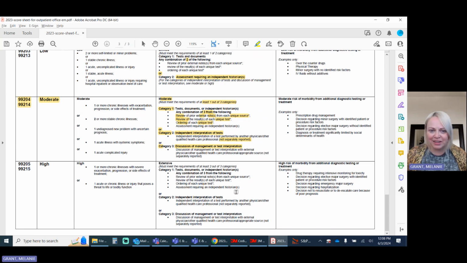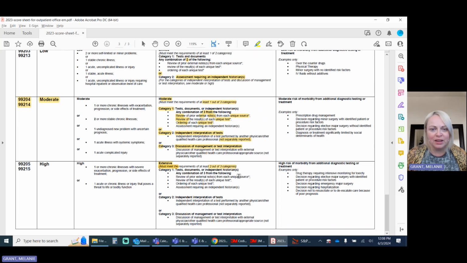Now, it does get a little bit easier from there when we look at extensive data. This is really unique in situations that you're probably already going to be in a high level of medical decision making, if they're needing to do an extensive amount of data review, because a provider will need to meet 2 of those 3 categories.